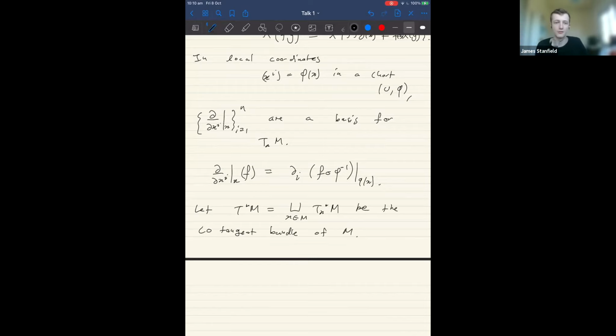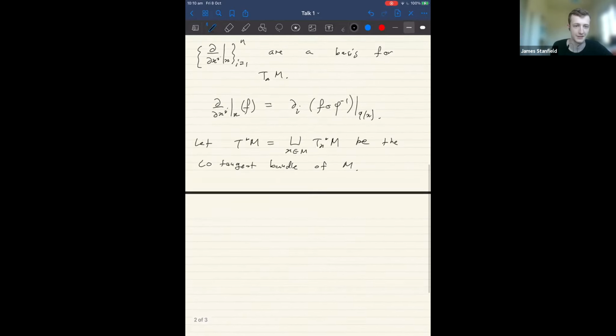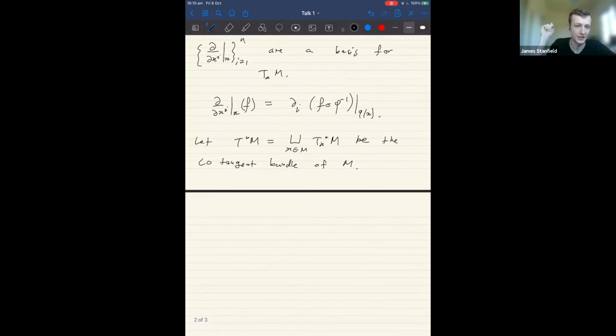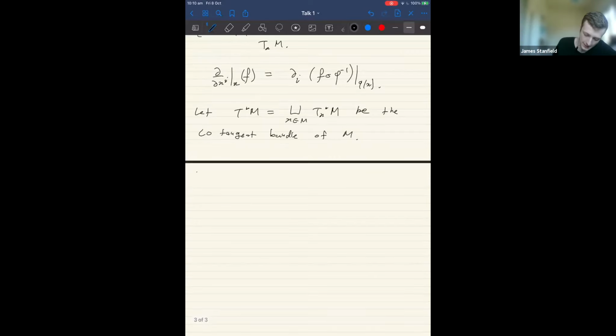By the way, if you can't read anything I'm writing, speak up and let me know, because I understand my handwriting can be a bit funky. And this has basis dx^i, which is just the dual basis of our original basis.